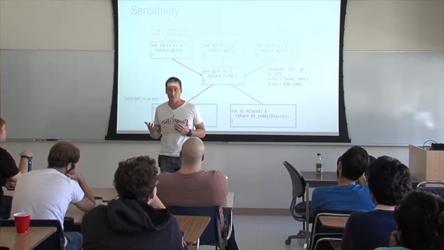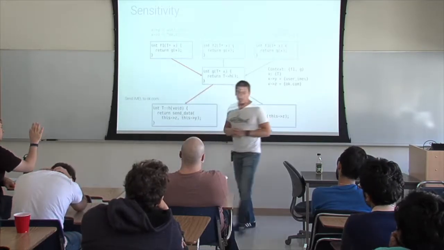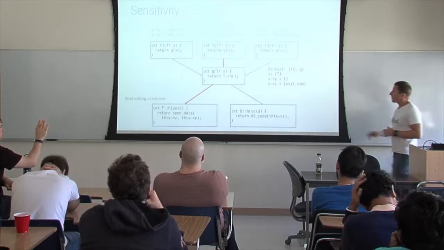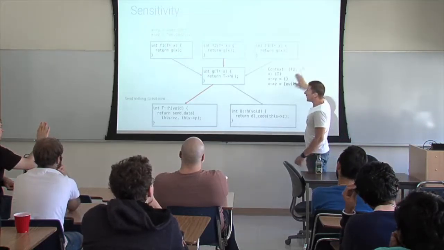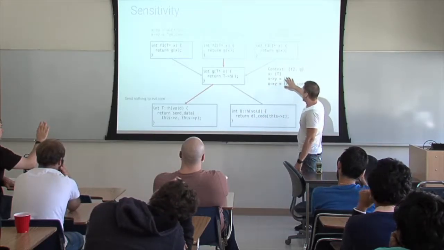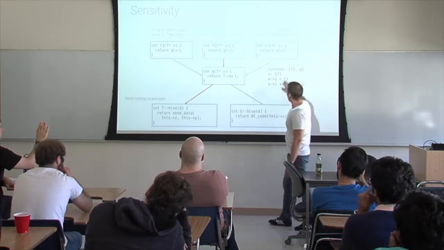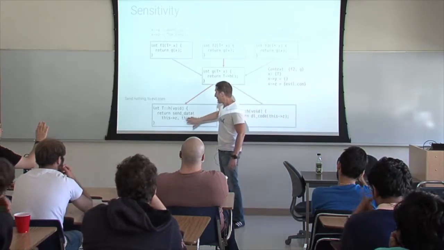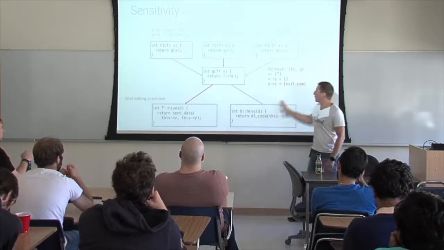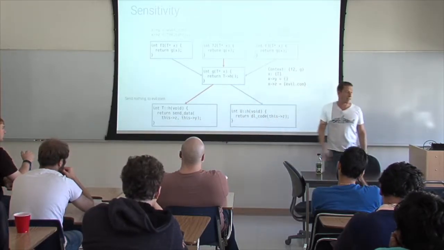which is the intended value. Okay? And I can go on and say in the second case, I also have a different context, so I can differentiate between these two cases. The type is T, and so I know that since the type is T, I'm going to use this, and I'm going to send nothing to evil.com. And therefore, I know that this situation is safe.